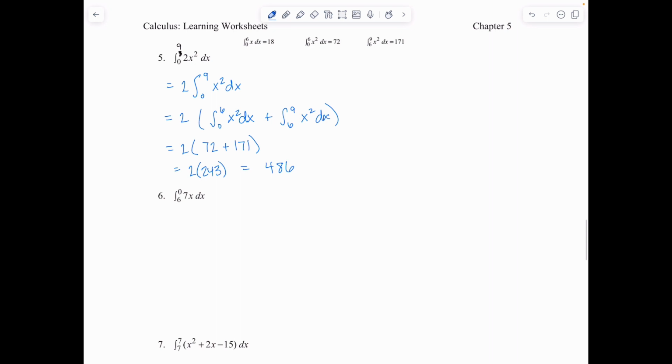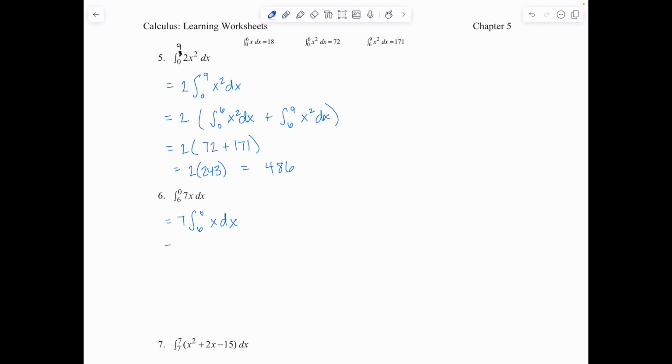Number 6, the integral from 6 to 0 of 7x dx. So first, I want to pull that 7 out front, 6 to 0 x dx. And I don't have any integrals that go from 6 to 0, but I do have integrals that go from 0 to 6.